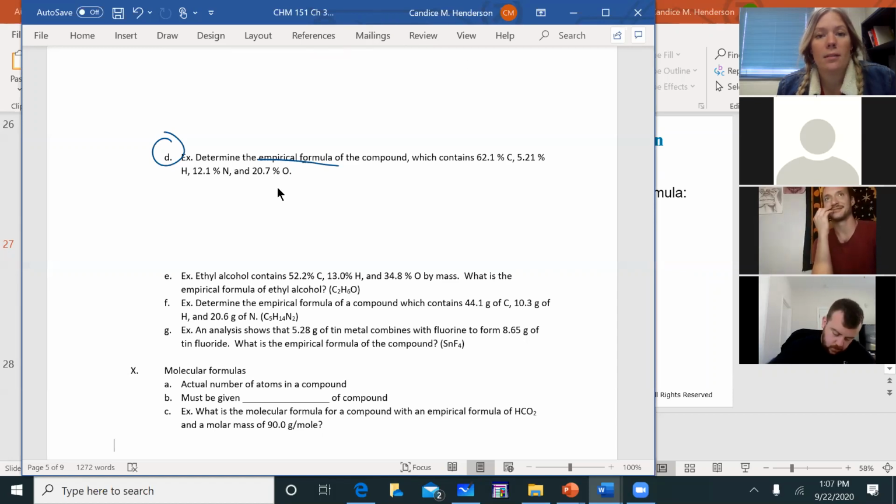So it's got similar elements as the last one, but they're in a different percentage.